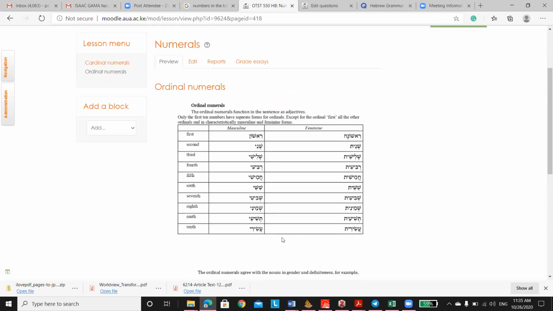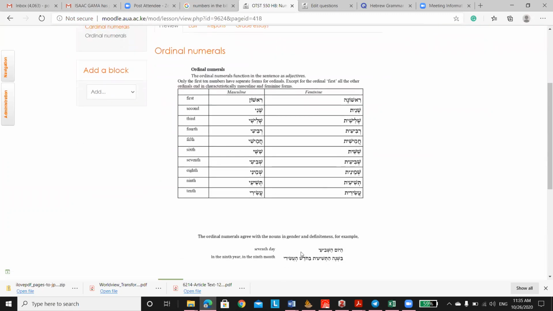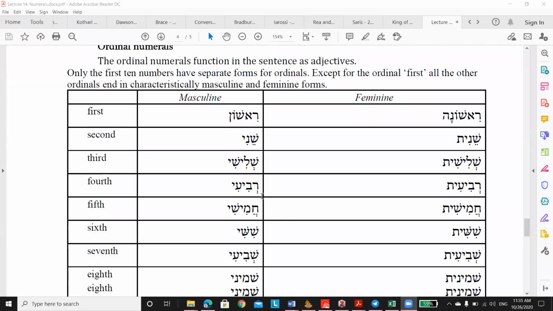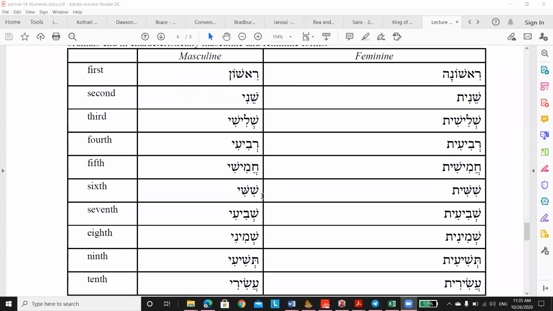Now we need to go to ordinal numerals. And I need to tell you that actually it is not very difficult. We just need to memorize them, and the rules are very simple.